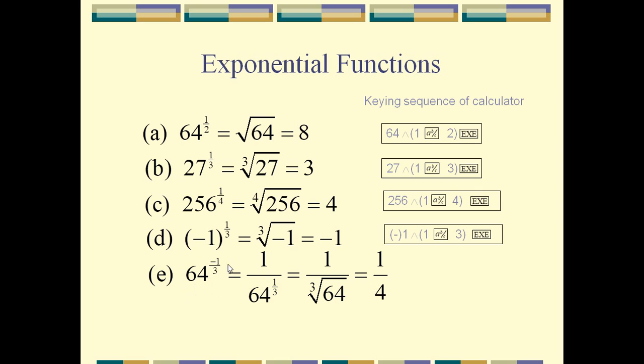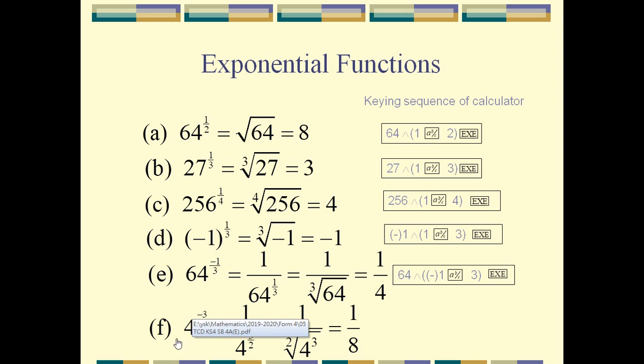But when you're doing that, you can press your calculator directly: 64 and then cap with the bracket, negative sign, 1 ABC 3, and then close the bracket and press execute. You will get the answer maybe 0.25 because the calculator may give you a decimal number. So if you want to have it in fraction, you press the shift ABC to get the answer 1 over 4.